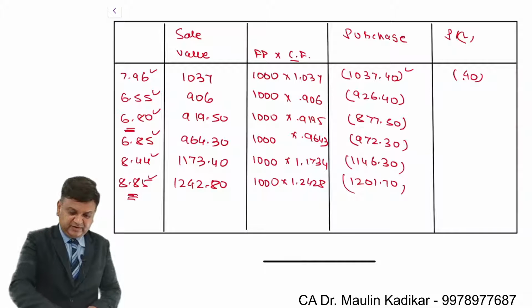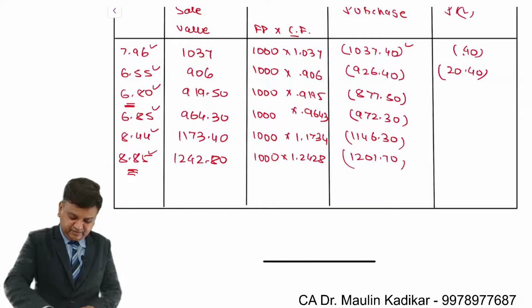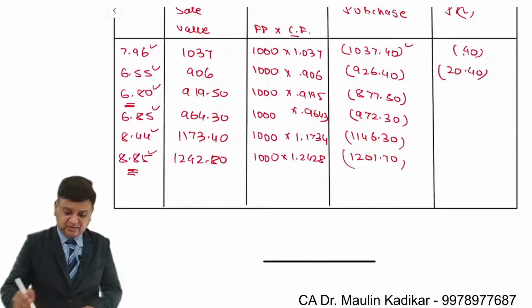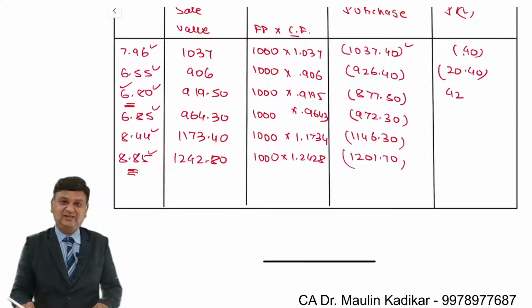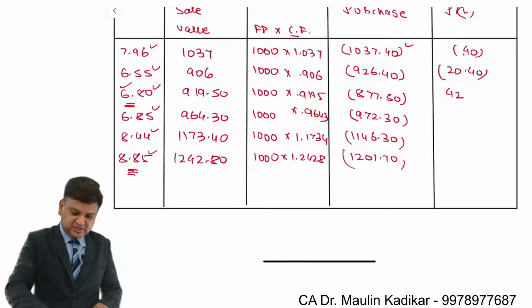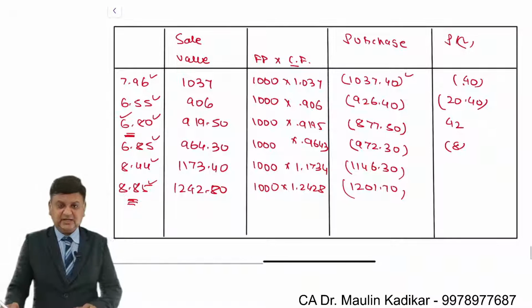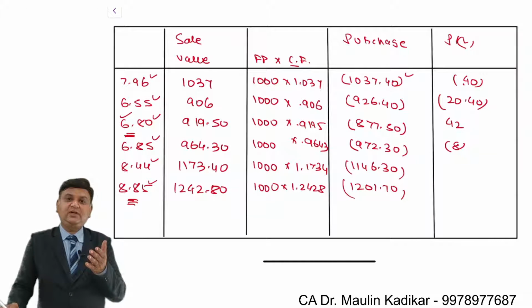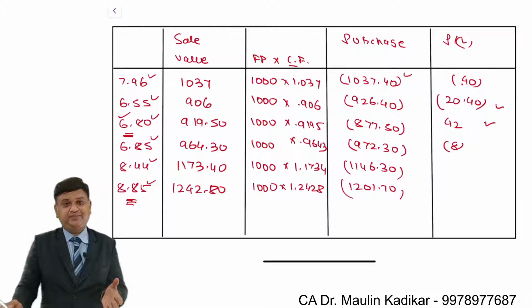In the second case, 906 minus 926.4, I will have a loss of 20.4. 919.5 minus 877.5, I will have a profit of 42 if I deliver this security. 964.3 minus 972.3, I will have a loss. So if I deliver this security instead of this, I have a profit.